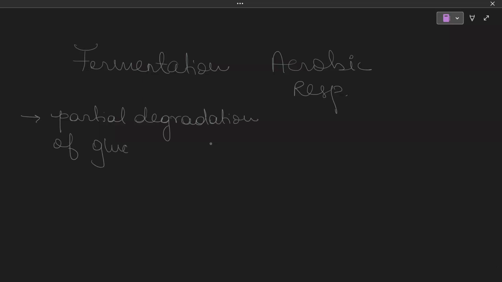Degradation means breakdown, right? You can write breakdown, or if you want to write degradation, you can write degradation. Talking about aerobic respiration here, complete.